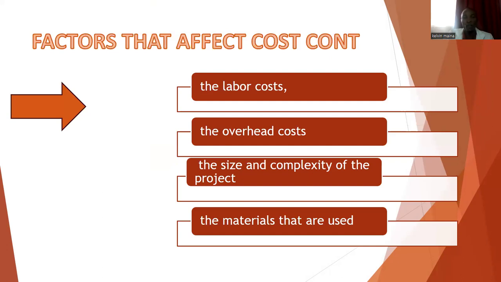When you talk about labor, the higher the cost of labor, the higher the cost of construction. Overhead costs are about the supervision, the foremen, the construction managers, and the like. Then we also have the size and complexity of the project. The bigger the building, the walls, the columns, and all that, it will affect the cost of the building.